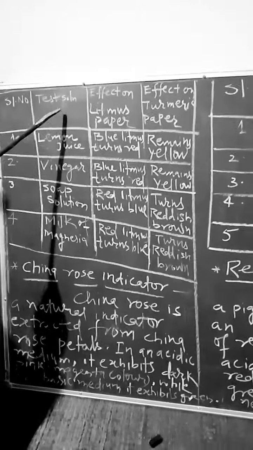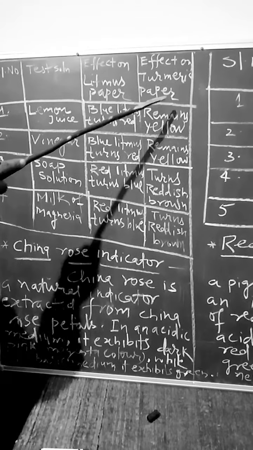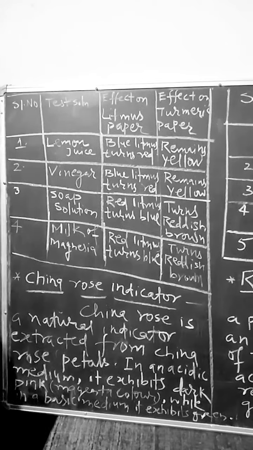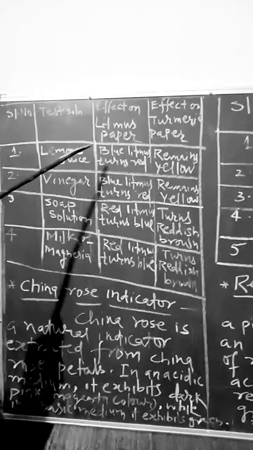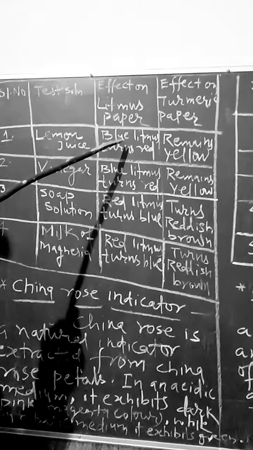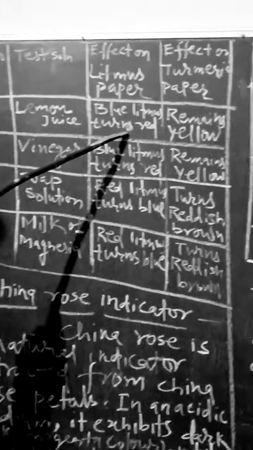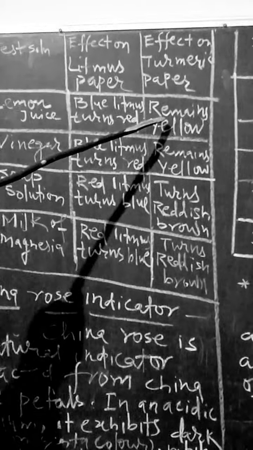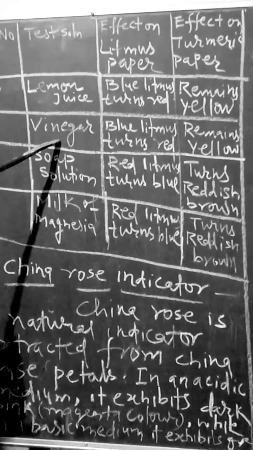Just see here: serial number, test solution, effect on litmus paper and effect on turmeric paper. Number 1, lemon juice. Blue litmus turns red, and on turmeric paper it remains yellow. Number 2, vinegar.